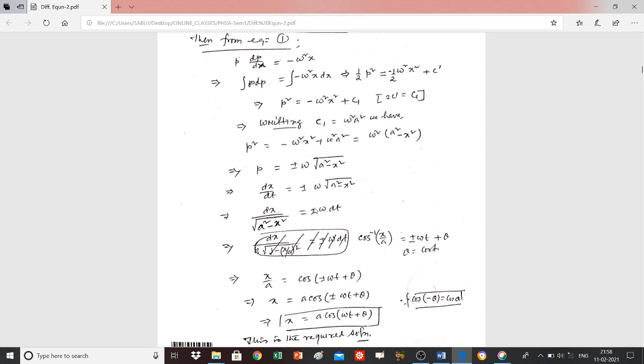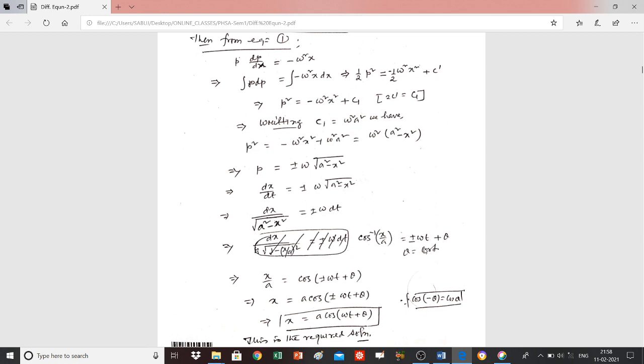So now integrating both sides of this equation, the first term will give you cos inverse x by a. You know that the integral of dx by root over a square minus x square is equal to cos inverse x by a, and that is equal to plus minus omega t and another constant, that is theta.